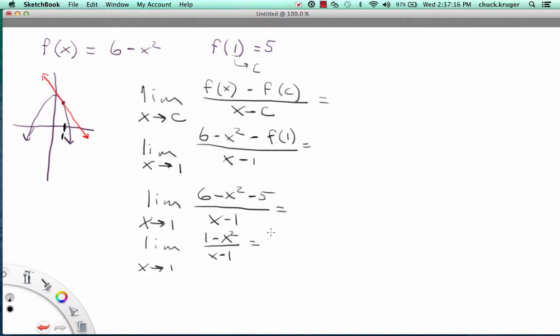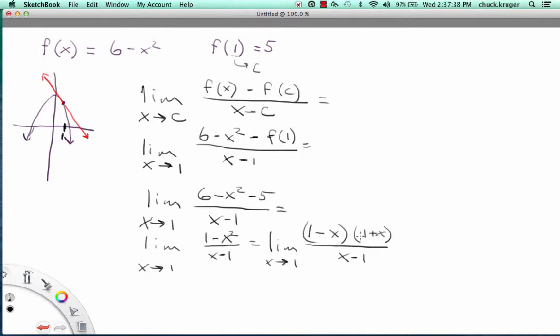Well, that's equal to the limit as x approaches 1. This is the product of two conjugates, one of which is 1 minus x, and the other is 1 plus x, all over x minus 1.